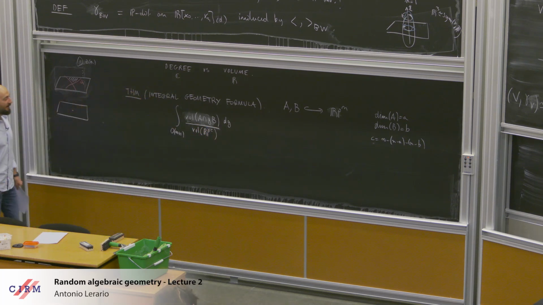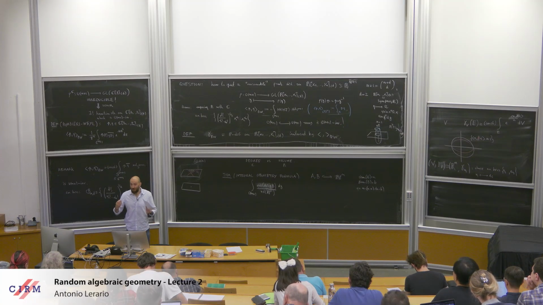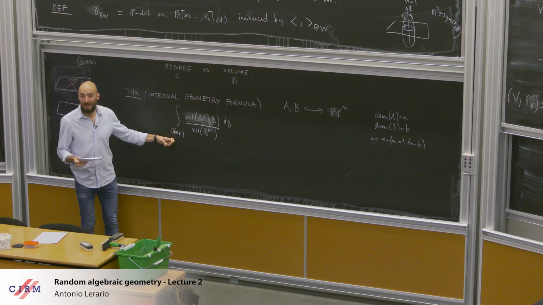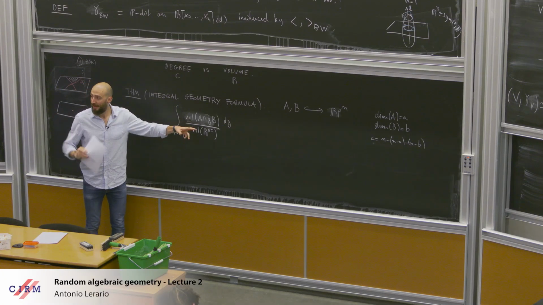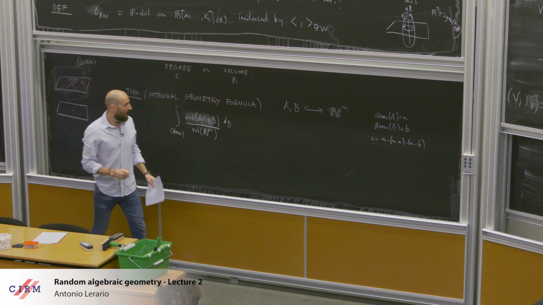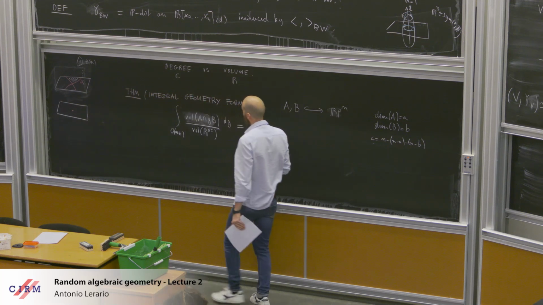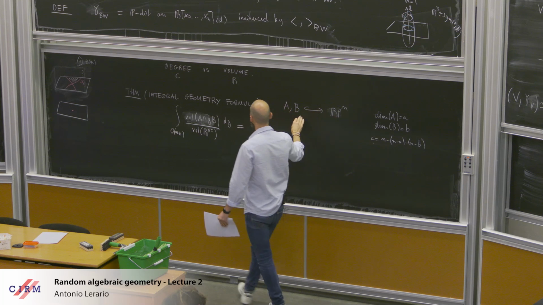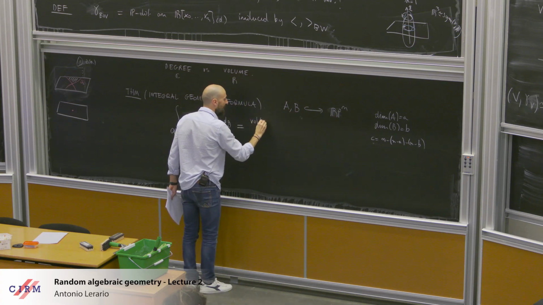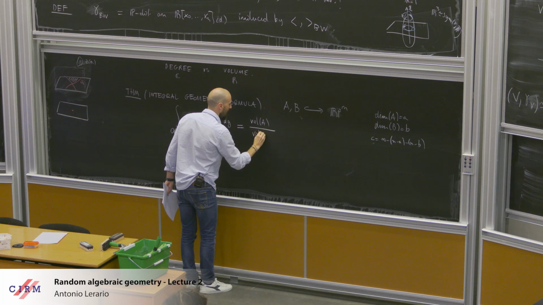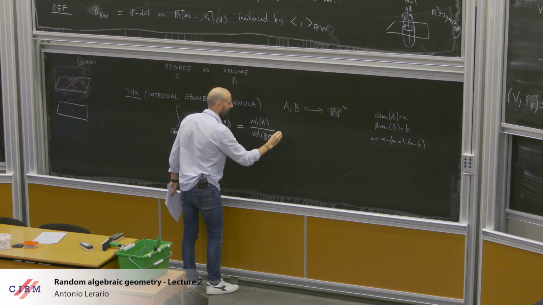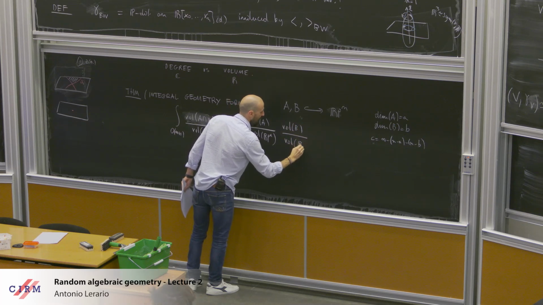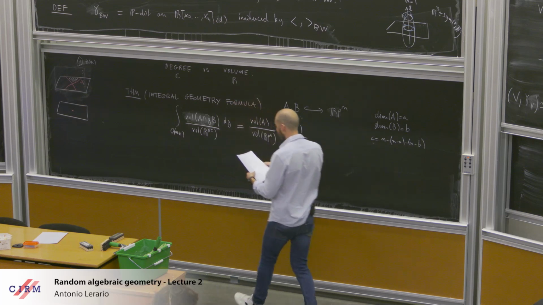So for instance, if A and B have complementary dimensions, I'm just integrating on the orthogonal group the number of points of intersection between A and a rotation of B. And the integral geometry formula writes this integral in a closed form, which depends just on the geometry of A and B. And more precisely, it's just volume of A divided by the volume of projective space of dimension a, times the volume of B divided by the volume of projective space of dimension b.